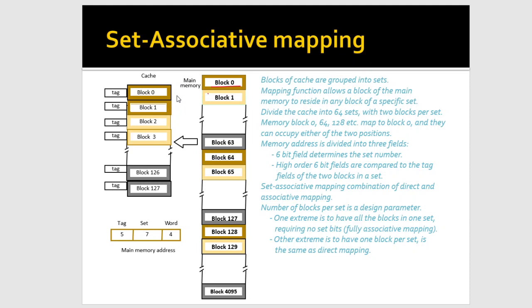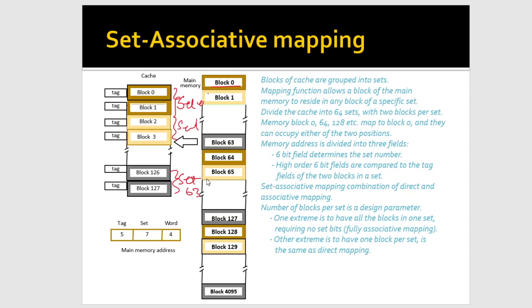Each block in the cache is divided into a number of sets. It depends upon how many blocks are in a set. Let's assume that in this given example, 2 blocks form a set. So this is my set 0, like that this is my set 1, and the last one will be my set 63.